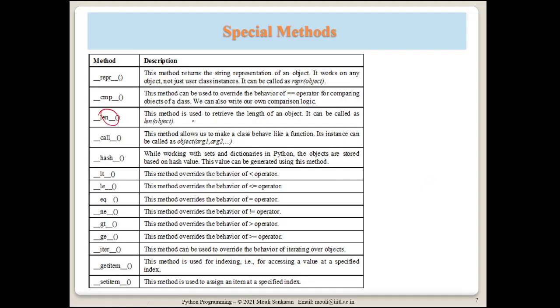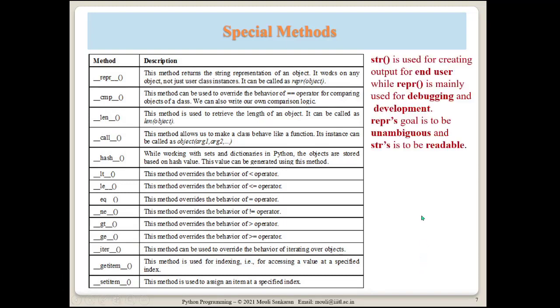The length, we call it with the list. Most of these are implemented with the built-in data types. We are going to see how we can implement them for our own classes, not all of them, but some of them. That is going to be the focus in the remaining class today at 6 p.m.